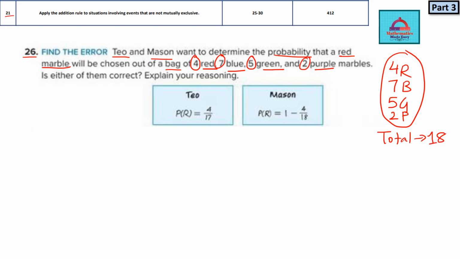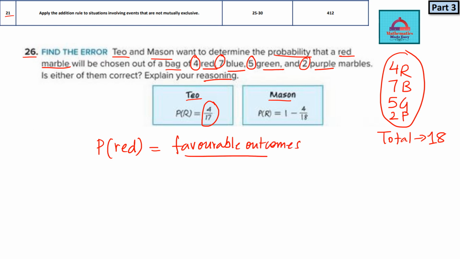Okay. Now, both of them have found a different value for the probability. Theo has found it to be 4 divided by 17 and Mason has found it to be 1 minus 4 by 18. You have to tell who is correct and why. Give reason. Okay. So, if you see, we have to find the probability of a red marble. That means the probability of red marble, if you know the formula for probability, it is favorable outcomes divided by total outcomes.